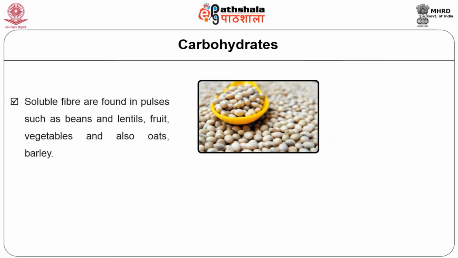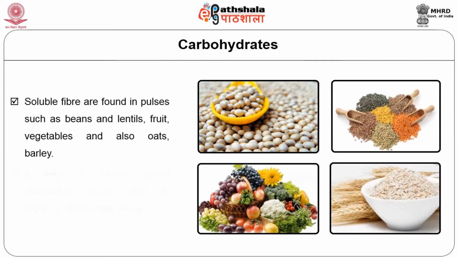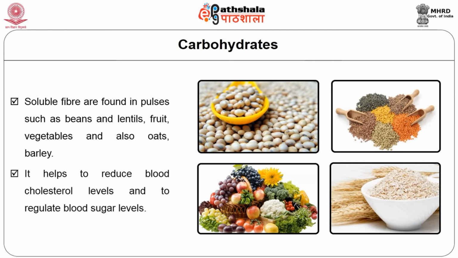Soluble fiber is found in pulses such as beans and lentils, fruit, vegetables and also oats and barley. Soluble fiber helps to reduce blood cholesterol levels and to regulate the blood sugar levels.